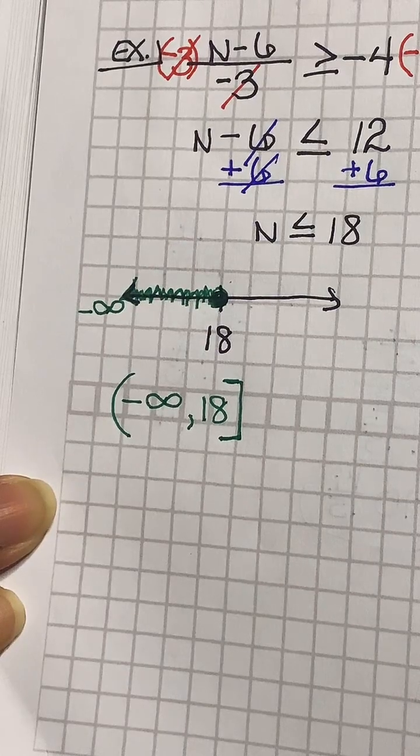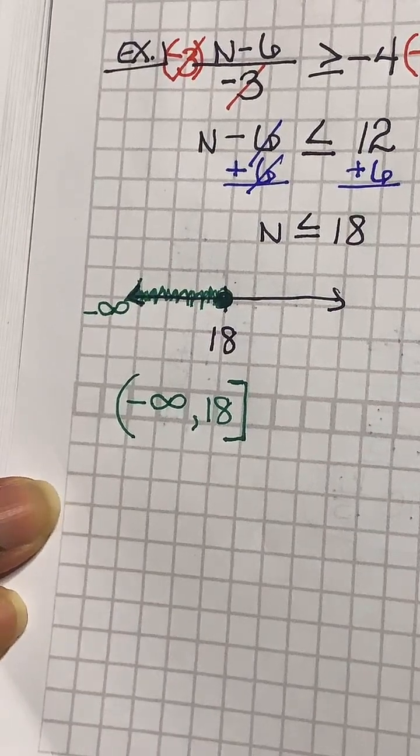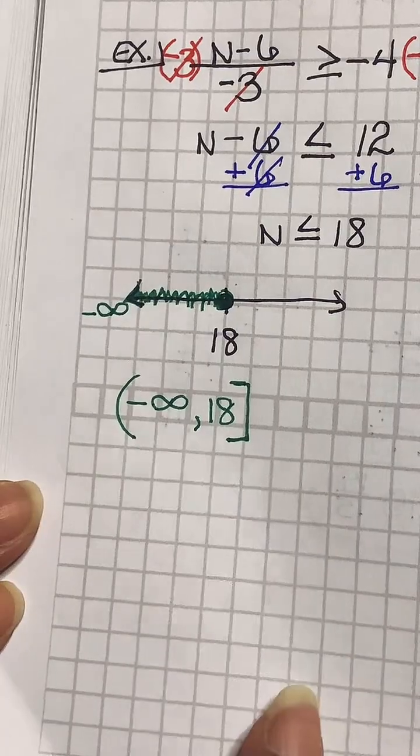So negative infinity, comma 18. It's closed, there you go. The line underneath always means equal.